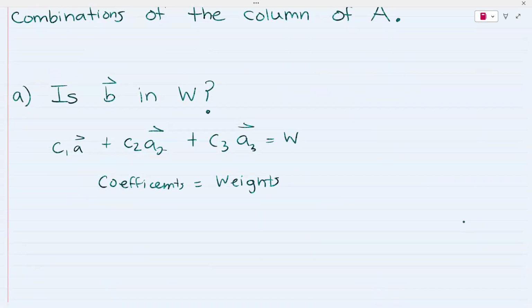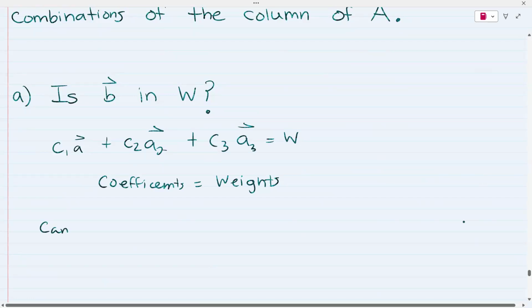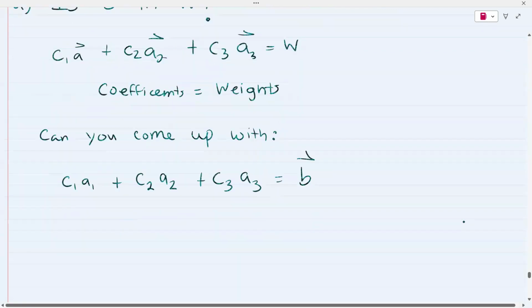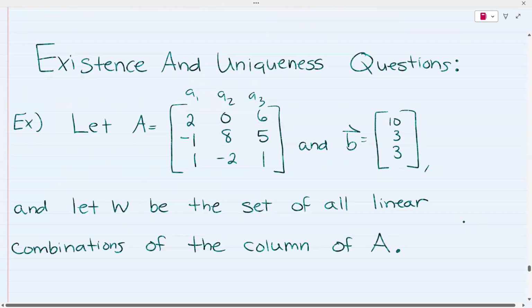So what we're trying to do is, can you come up with C1 A1, C2 A2, C3 A3, equal to vector V. So how we would set this up is you don't know the coefficient C1, and then A1 is the column 2, -1, 1.